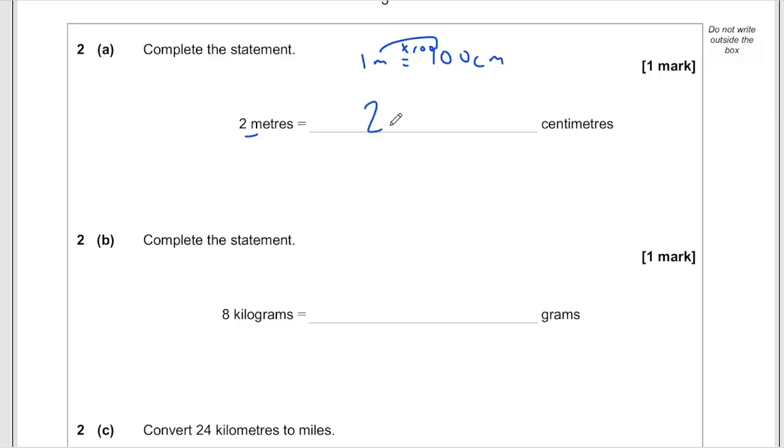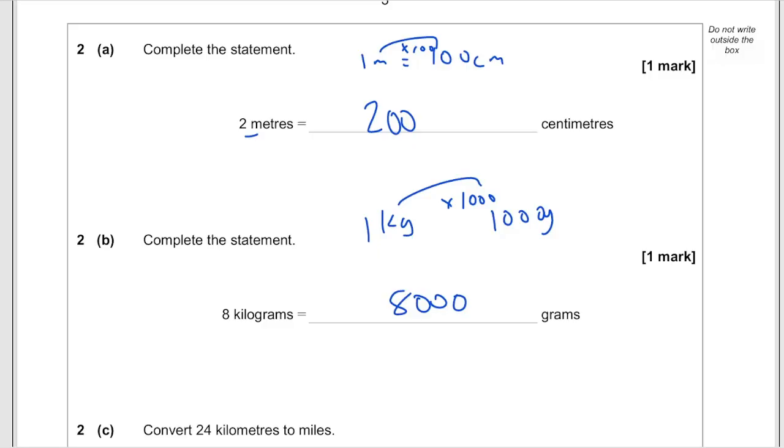So it's going to give me 200 centimeters. Next one, 1 kilogram this time is equal to 1000 grams. So multiplication factor of 1000, so 8 times 1000 gives me 8000 grams.